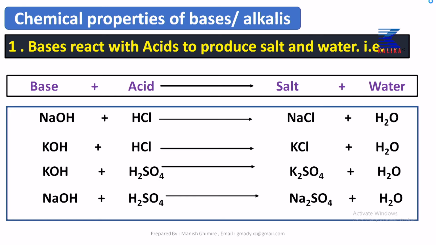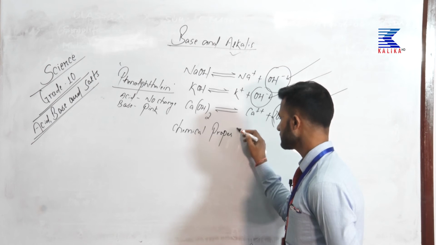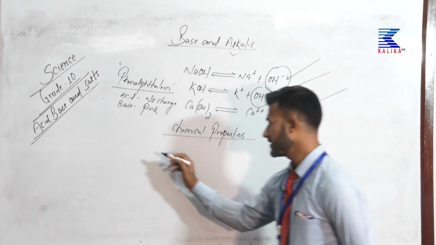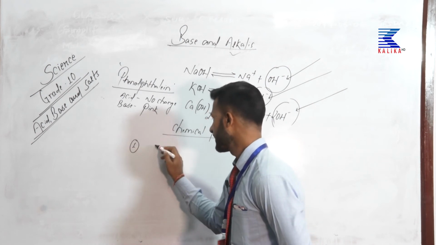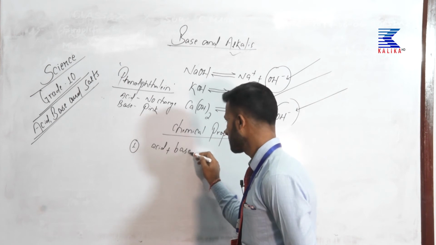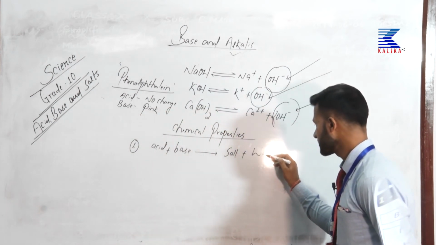In the first chemical reaction, I am talking about chemical properties of base. Number 1, acid plus base, salt plus water.